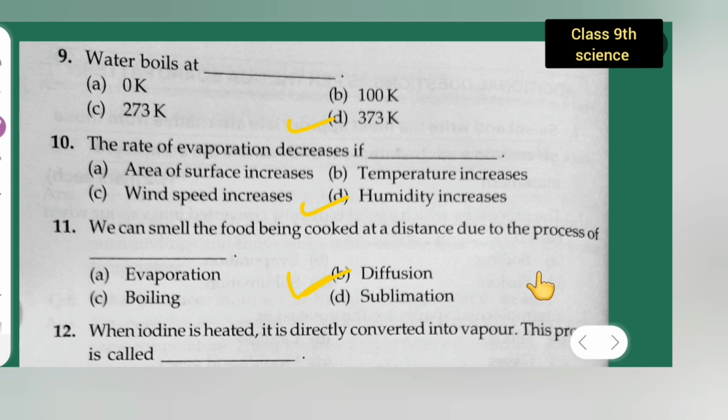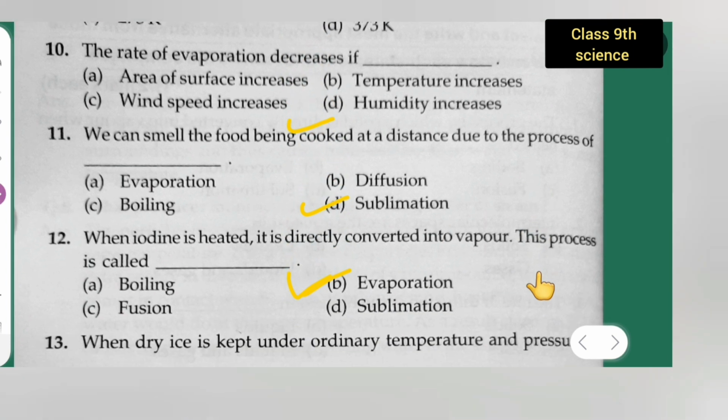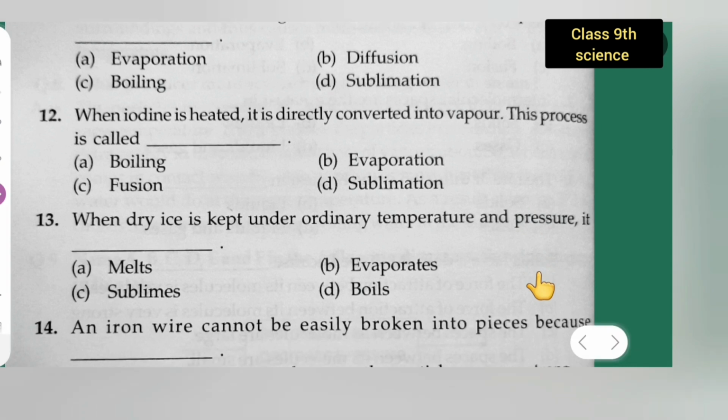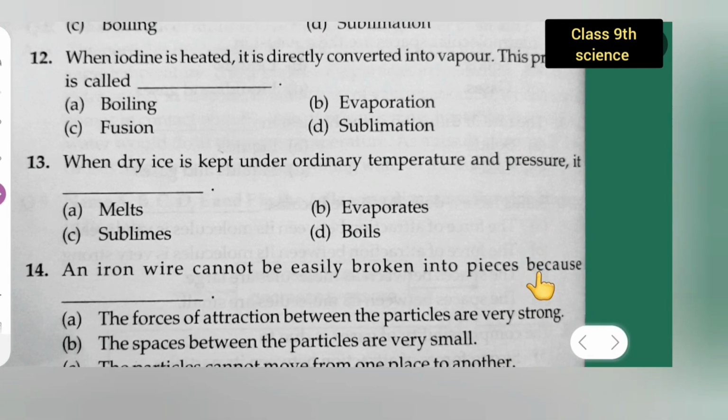Moving towards the next question, that is question number 12.